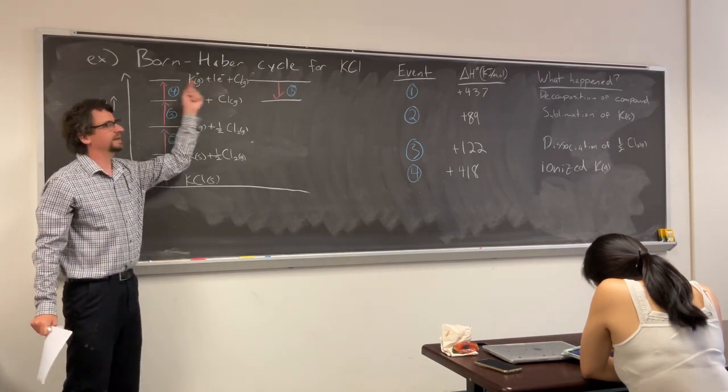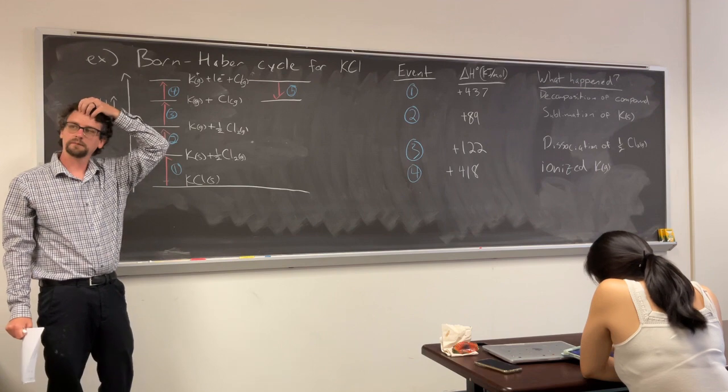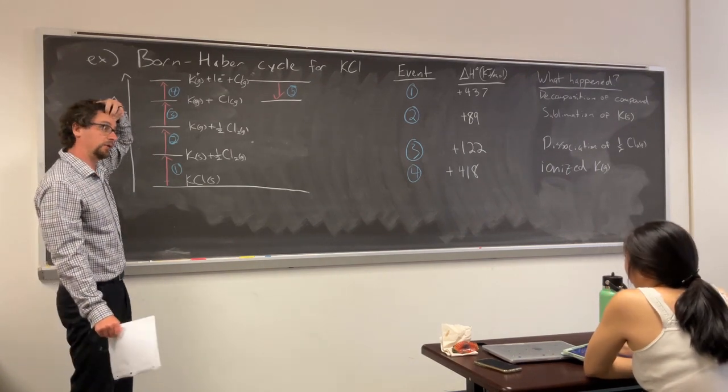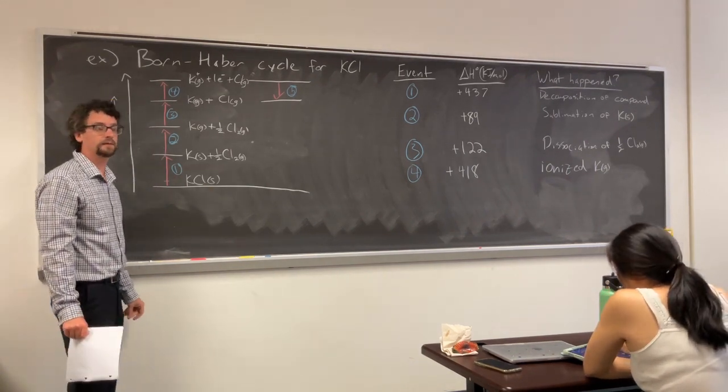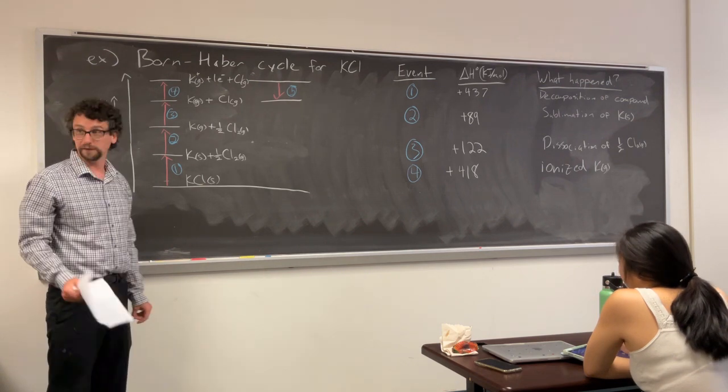So we want ions to interact with one another. We have one of our ions, potassium plus. What's the other ion we have to make? Chloride.